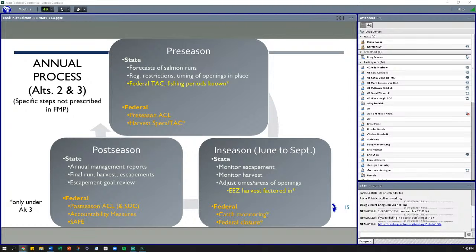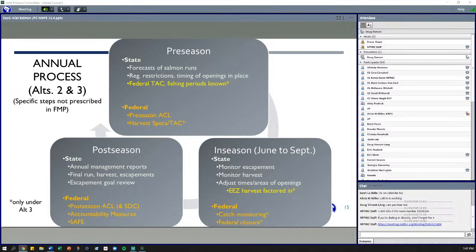Finally, post-season, under both alternatives, we would evaluate the annual catch limits and the status determination criteria to see if they had been exceeded or whether there's any overfishing occurring or an overfish status was observed. It's closely associated with the annual catch limits are also accountability measures.